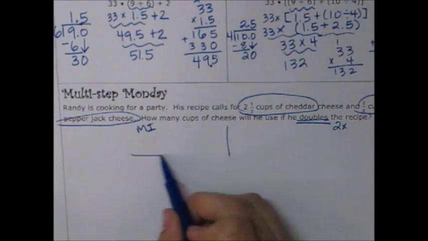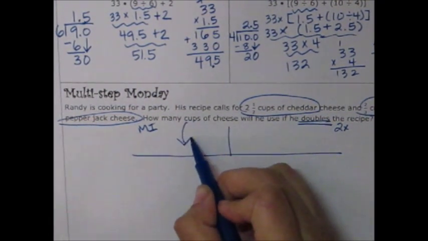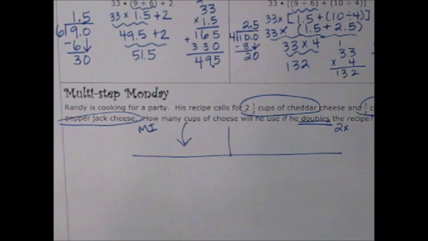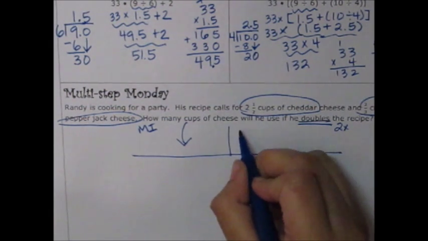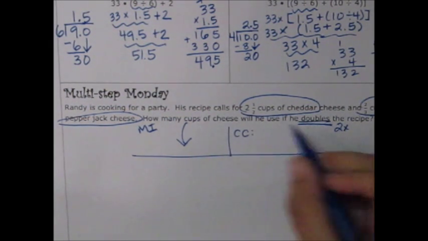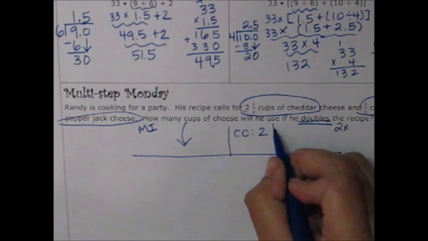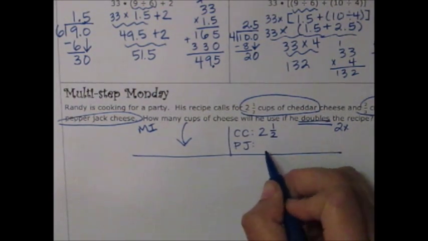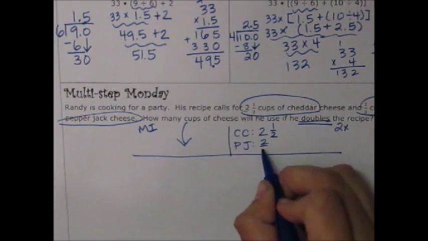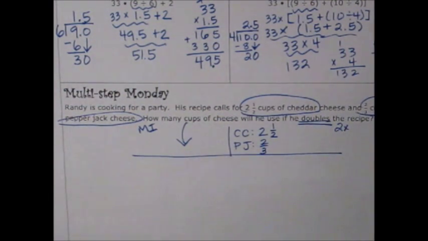Alright, so let's do our 3-step. Here I'm just doing my arrow down for my main idea, how many cups of cheese if he doubles. And then what is my details? Cheddar cheese was 2.5 cups. And my pepper jack was 2/3. Can you guys see that?